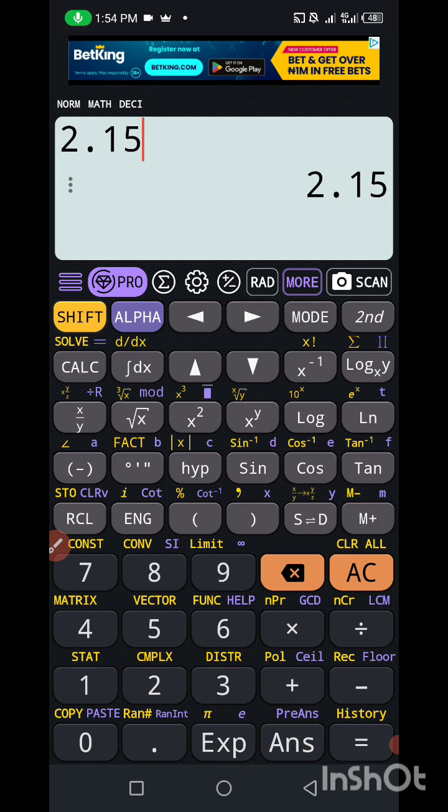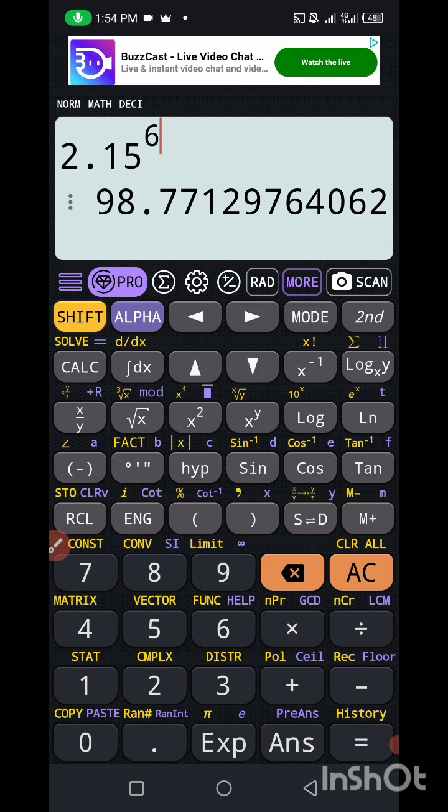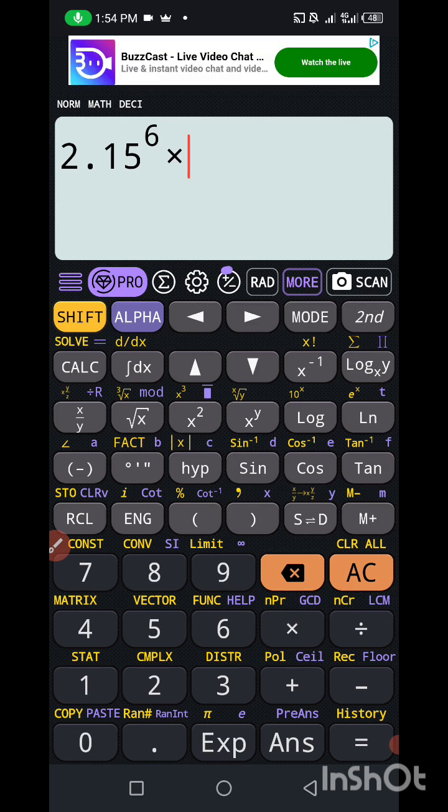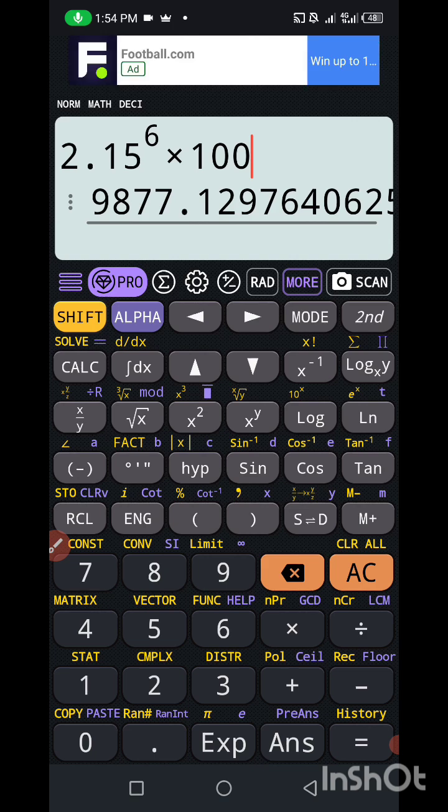If you reinvest everything after each trading session for 6 times, you are going to make 98.77 odd. When you convert it to percentage, you multiply by 100. If you take it to the nearest 1,000, that is 10,000%.